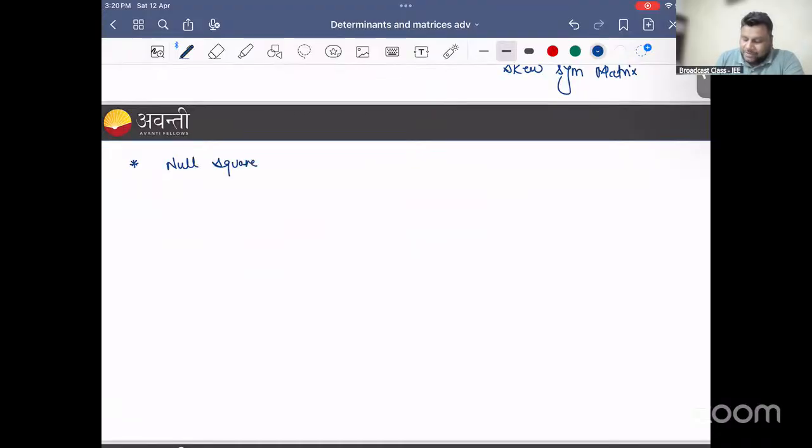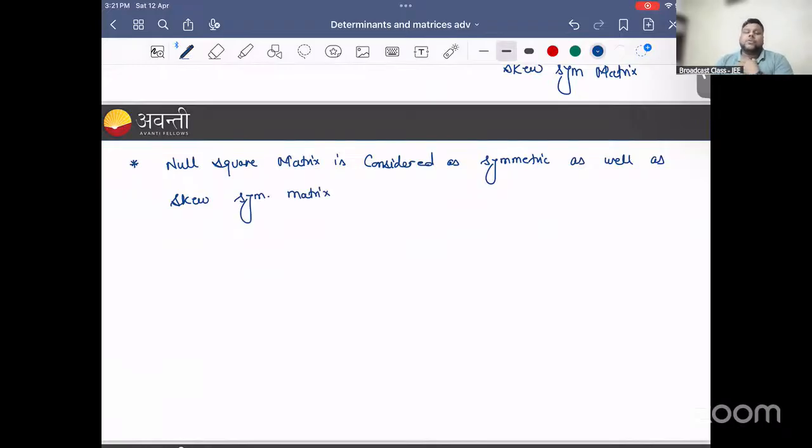Null square matrix is considered as symmetric as well as skew symmetric matrix because it has all the properties which a symmetric matrix requires as well as all the properties which a skew symmetric matrix requires. So null square matrix is the only matrix which is considered as symmetric as well as skew symmetric.